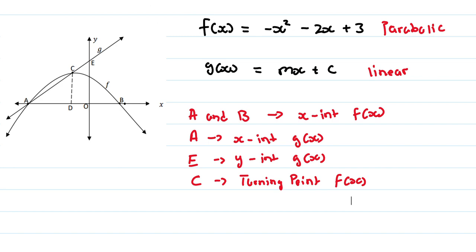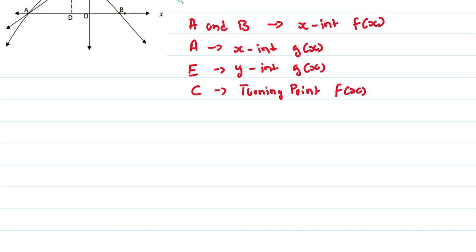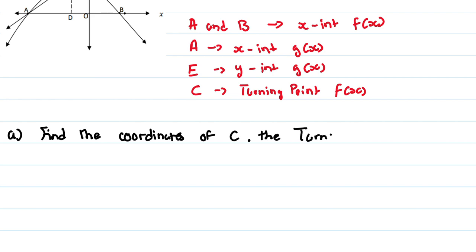So now how are we going to do that? The first thing we have to do is, let's say the first question, find the coordinates of C, the turning point.